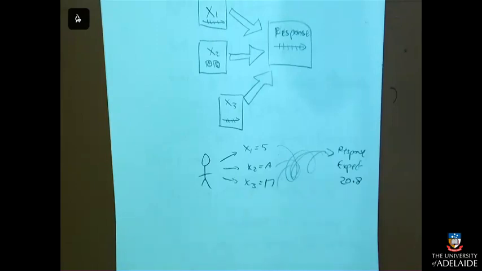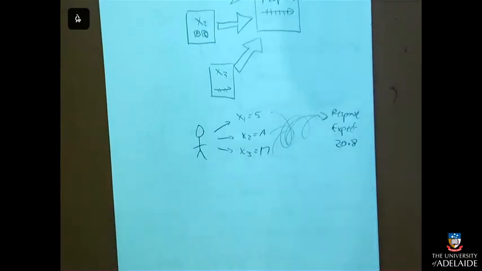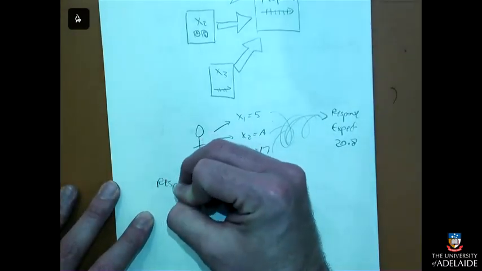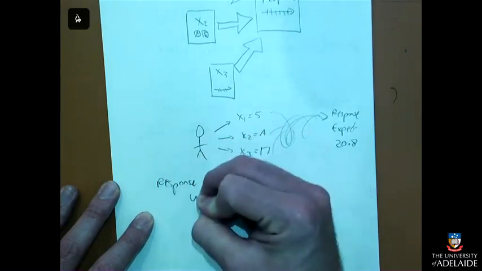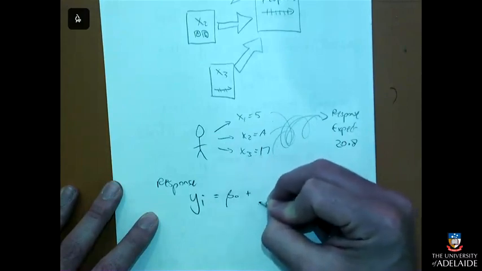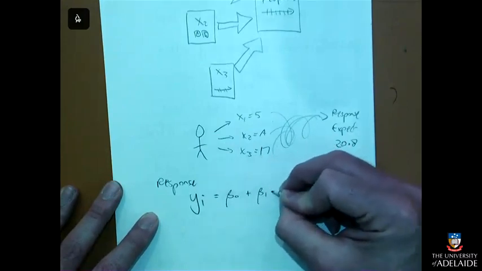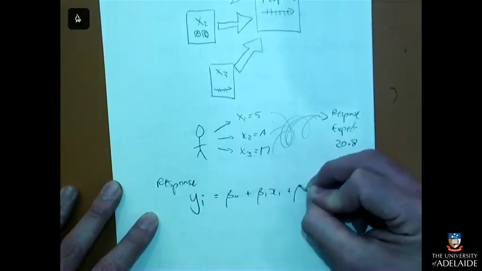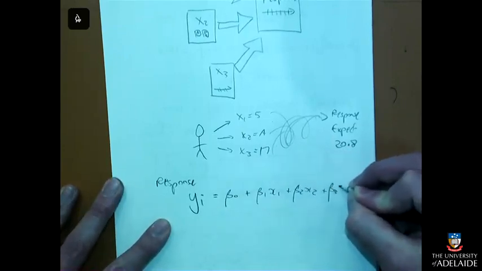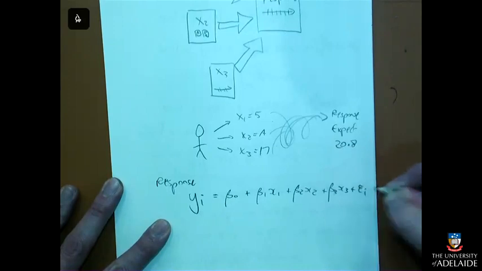Okay, and the way that you do that is via a linear function. And so we're going to say that the response, which is traditionally called y, is going to be some number plus something times whatever x1 is, plus something times whatever x2 is, plus something times whatever x3 is, and a bit.